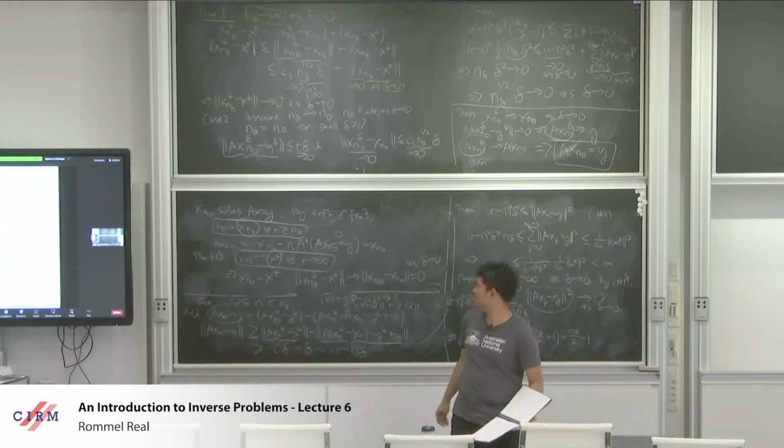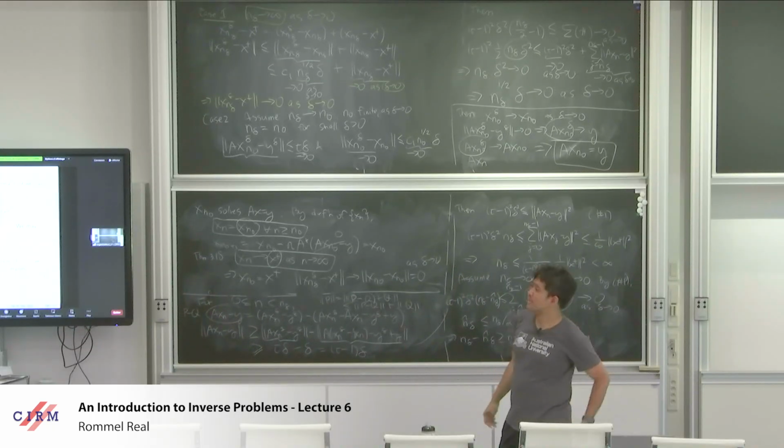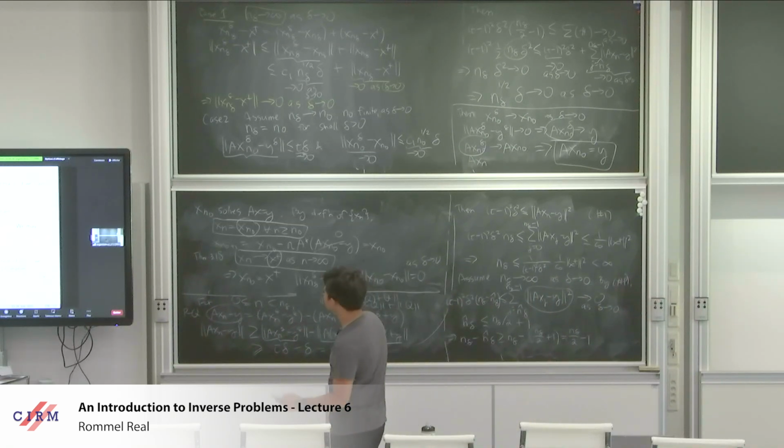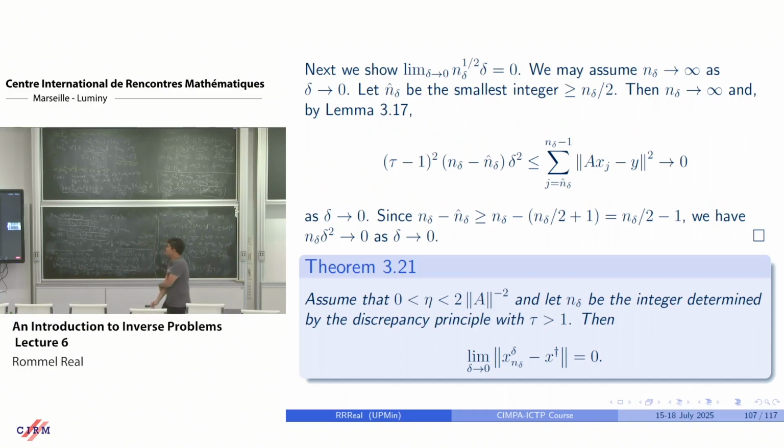And that finishes the proof of the convergence of the Landweber iteration by the discrepancy principle. Okay? So that's one result. So we know that it converges.